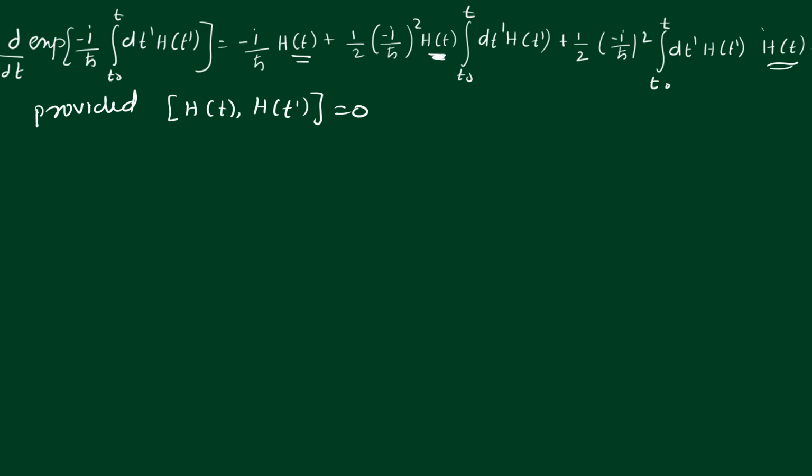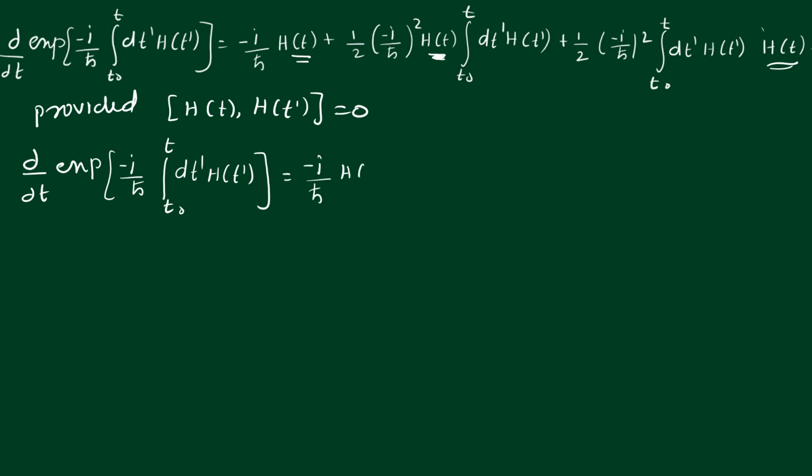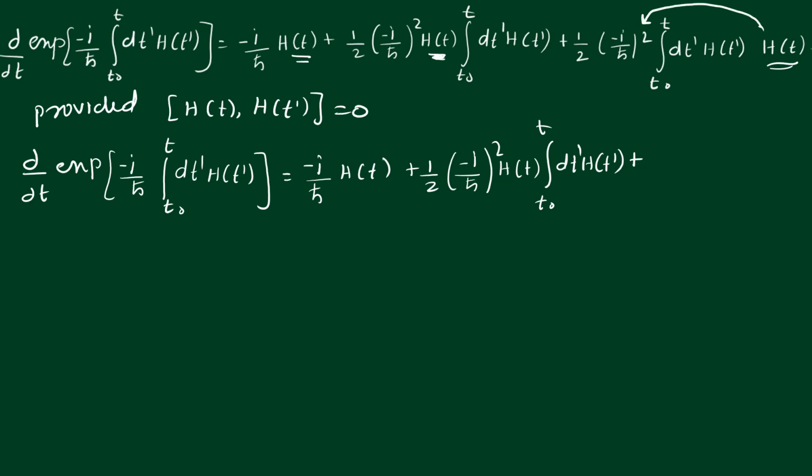we can write this as the partial time derivative of exponential minus i/ħ integral t0 to t dt' H(t') is equal to minus i/ħ H(t) plus half of (minus i/ħ) squared H(t) integral t0 to t dt' H(t'), plus, now using the fact that the Hamiltonian at different times commute, we can bring this H(t) to the left, since it commutes with H(t').